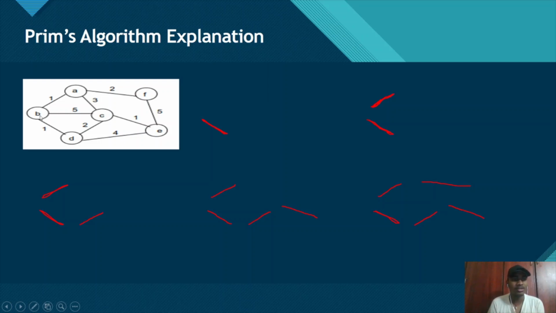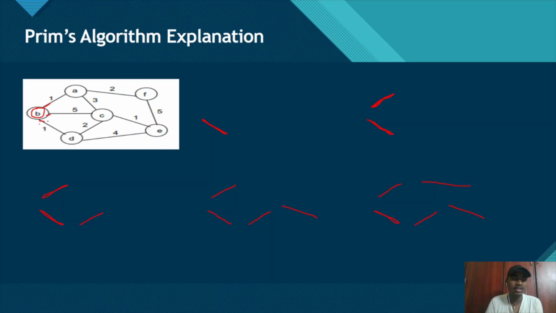The third step is you have to select one vertex as a root. So I am selecting B as a root vertex. Now you can see the incident edges of the vertex B, that is 1, 5 and 1, that is B2A, B2C, B2D.